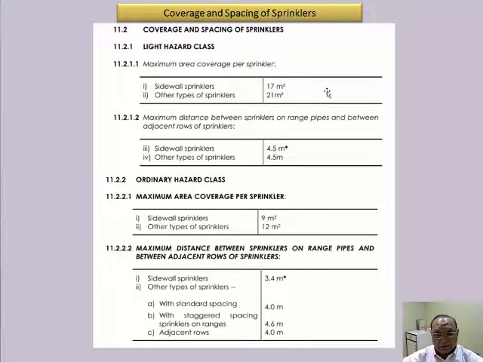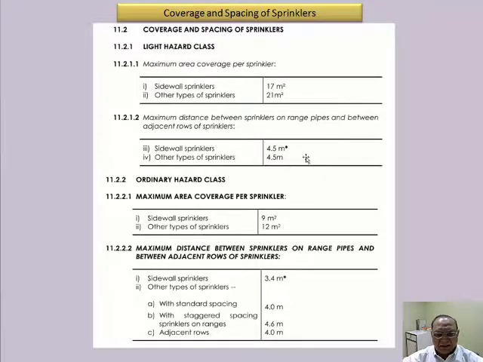It will have a horizontal throw with the deflector plate so that it can cover the surface area. And the other type, what is the other type? Means pendant and upright. Those are the sprinklers which shall be covering 21 meter square area per sprinkler.